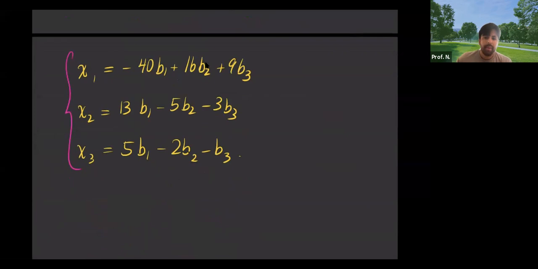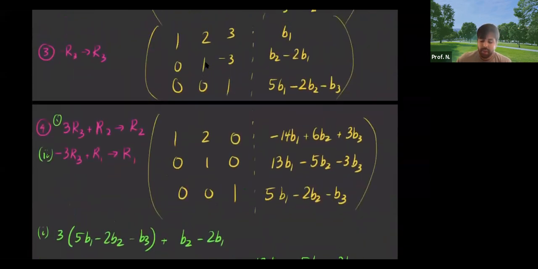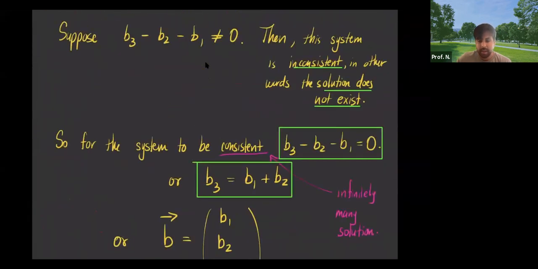So compare this with the previous example. What was the condition in the previous example in order for the system to have a solution? Wasn't this the condition? Or this one here? These two things are the same, right? So b1 plus b2 equals b3, right?